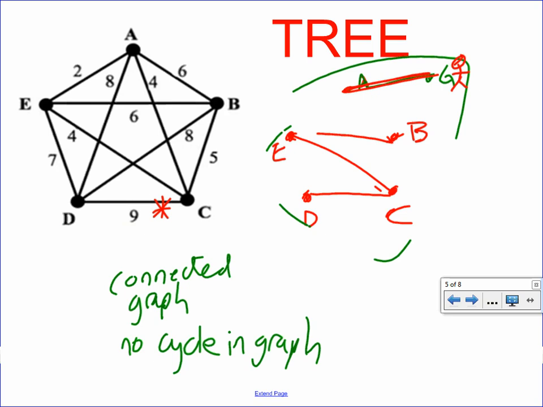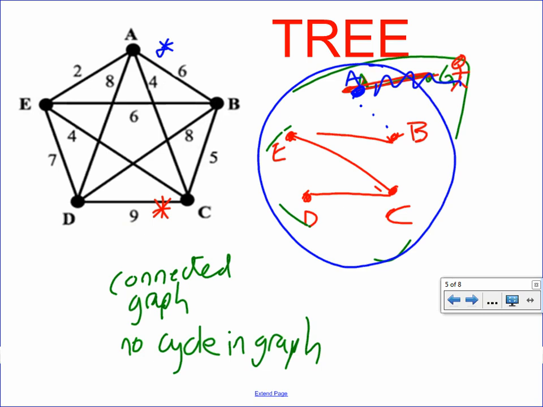But what's the difference? Forget G. A is still just there, itself. On here, it's not connected. But it is connected on here. So it depends whether you are asking the question: is this a tree?